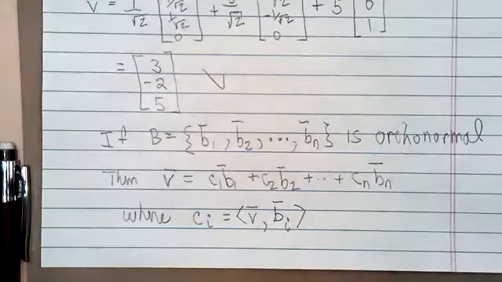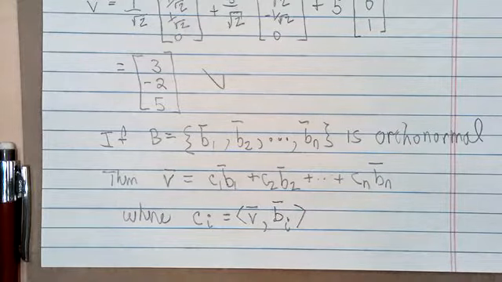So all that hard work we did with changing basis, there are cases where there's an alternative to that. You can just do a bunch of essentially dot products and you're done.